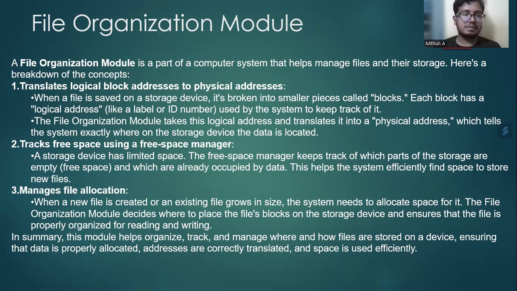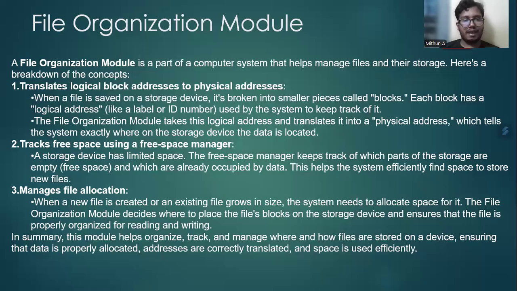Each block has a logical address, like a label or ID number, used by the system to keep track of it. The module takes a logical address and translates it into a physical address, so the system knows exactly where on the storage device the data is located.